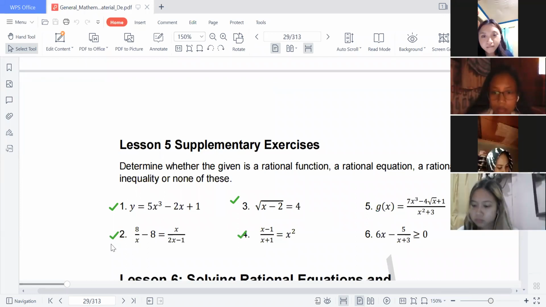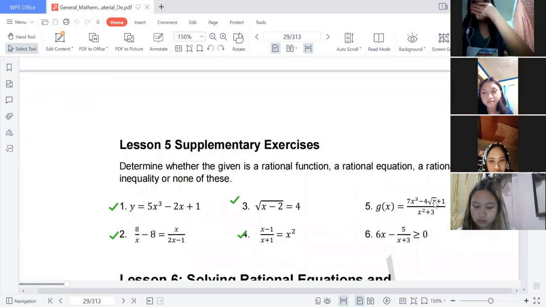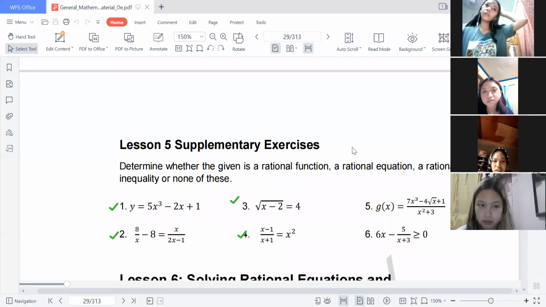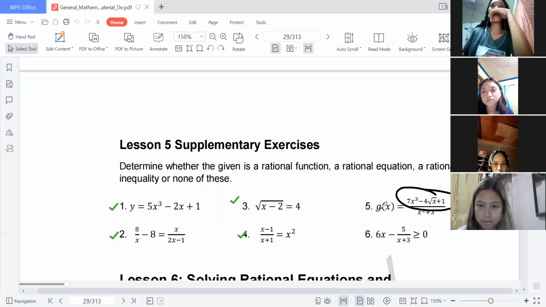Can I ask Gwen Matugas? Number 5. Rational equation, sir. So first, does this one involve a rational expression? By the way, first, is it called a polynomial above? Polynomial ba ni? No, sir.